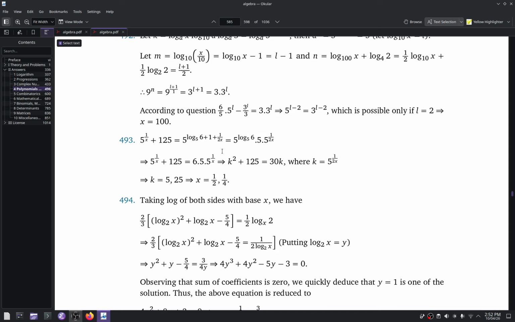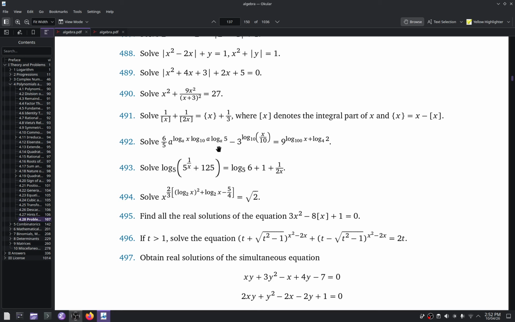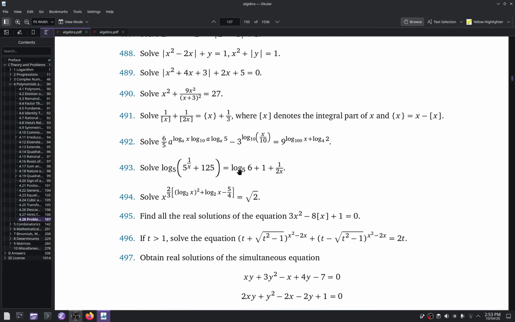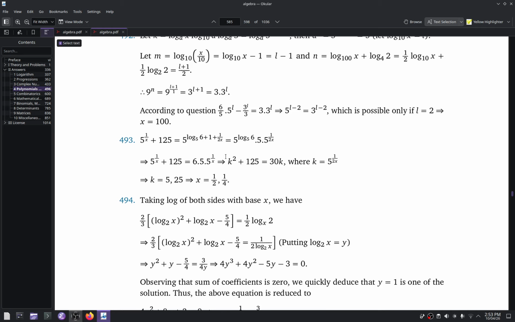Let's reset this. What we have done is we have taken anti-log. Upon taking anti-log, the log with base 5 gets removed, and the left hand side becomes 5 to the power 1 by x plus 125. And the right hand side will become 5 to the power this entire stuff.